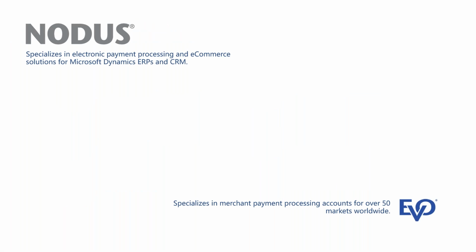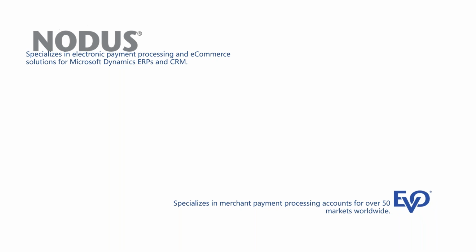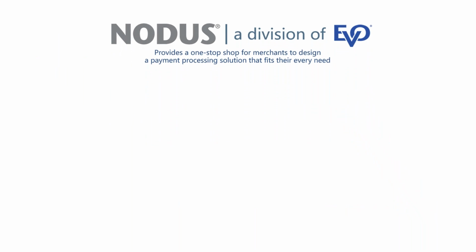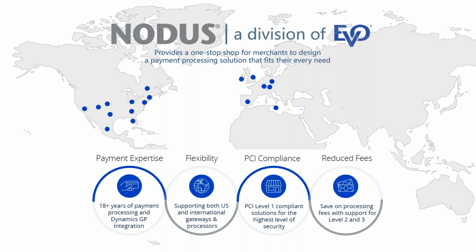So this is something important, that Nodus is a division of a company called Evo Payments. Evo is one of the largest payment processors with a global presence. We have offices in North America and Europe, and in Central America as well. Since we are part of Evo, we are a processor ourselves.